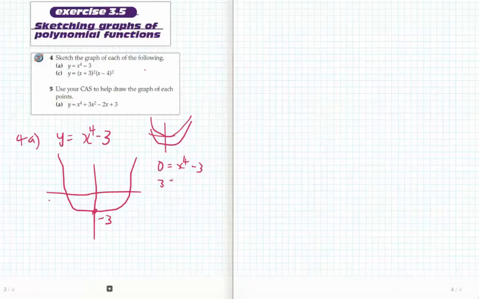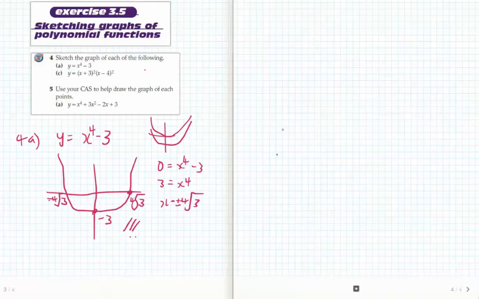Move the 3 over. Take the fourth root, so x equals the fourth root of 3. It's going to equal plus or minus the fourth root of 3. This is going to be the positive fourth root of 3. This will be the negative fourth root of 3. And that's what the graph looks like.